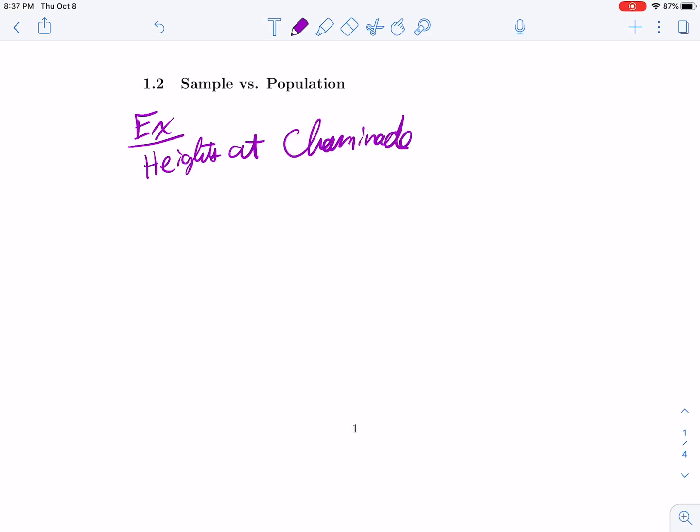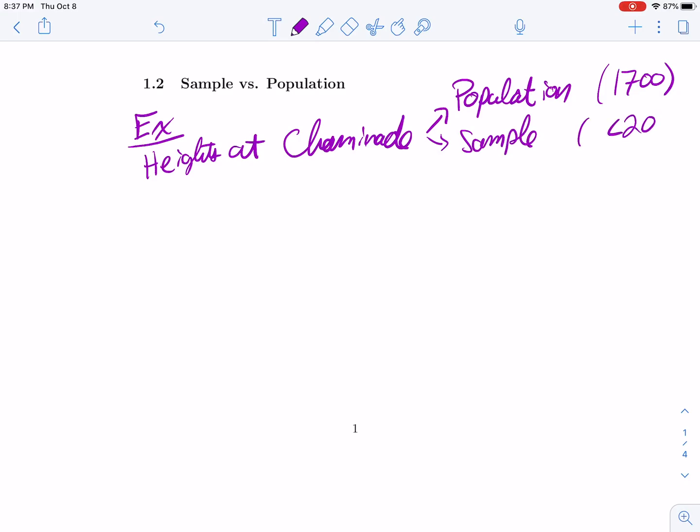We said the population was the 1,700 students, and the sample was the, I guess, less than 20 students that were in our class.